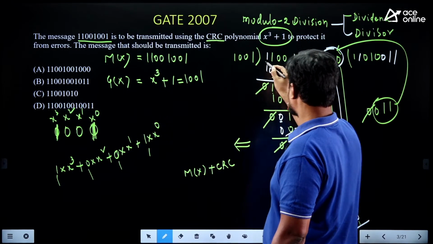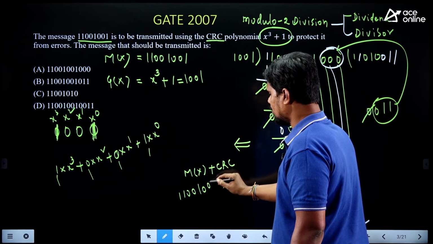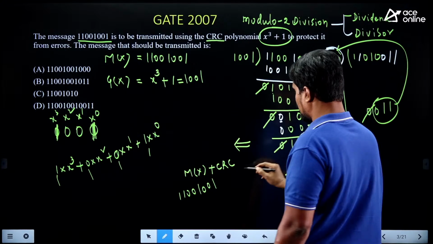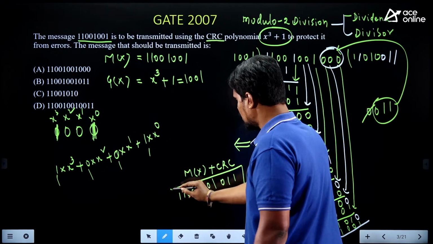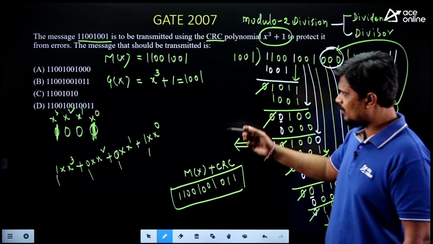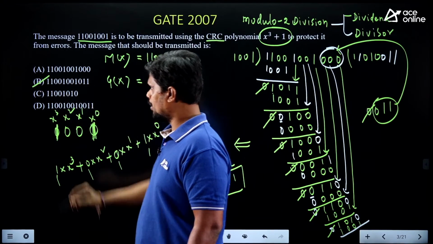So m of x is these 8 bits, 1100 1001, and after replacing these 3 zeros with 011, you are going to have 011 here. This is the message that you are transmitting to the receiver. So verify which option is matching. You can verify it is matching with option B.